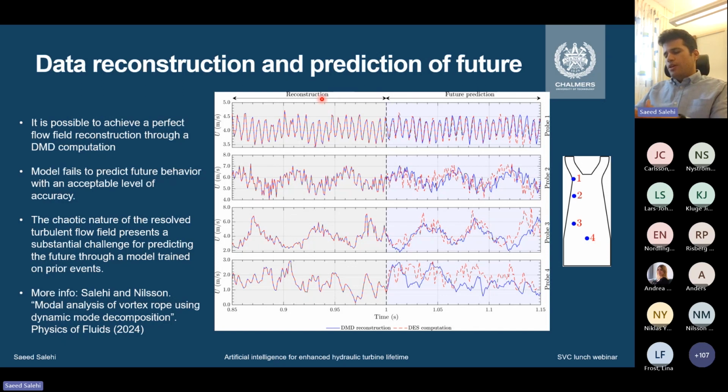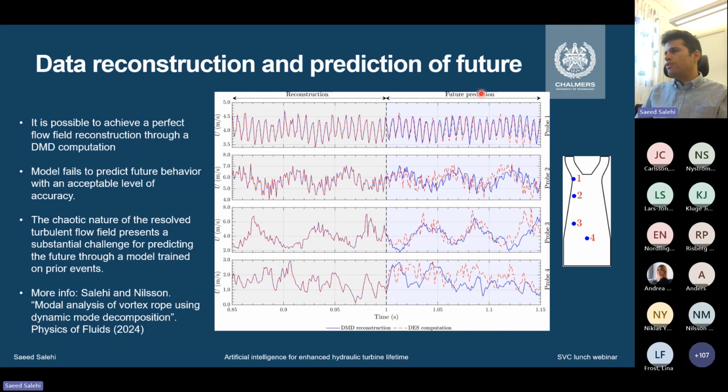When we train the model on these data, we can reproduce the data perfectly with close to zero error. You can see that the DMD reconstruction and the CFD simulation precisely match each other. But can we predict the future?